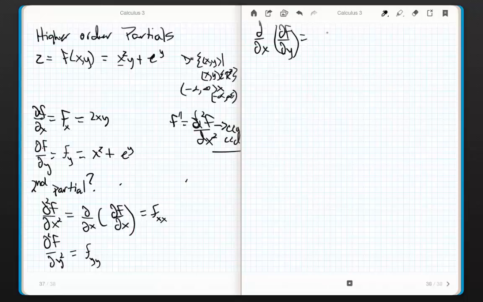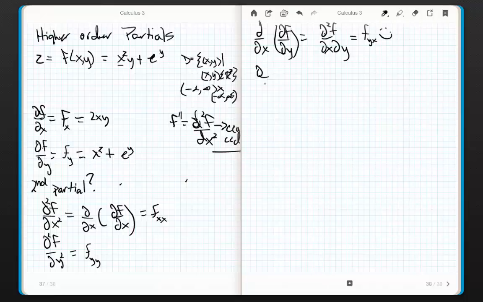Well, this guy turns into, expectedly, d2f, d delta, well, you know what I mean, partial x. I really got to work on that. However, the way that we write this in that f notation, and I think it's more helpful, is we took the first partial with respect to y, and then we took the second partial with respect to x. That notation for me is far more intuitive, so I like to use it better.